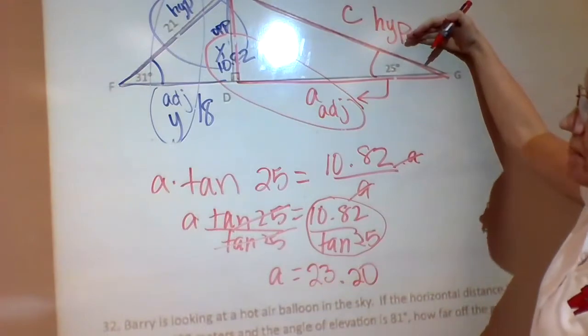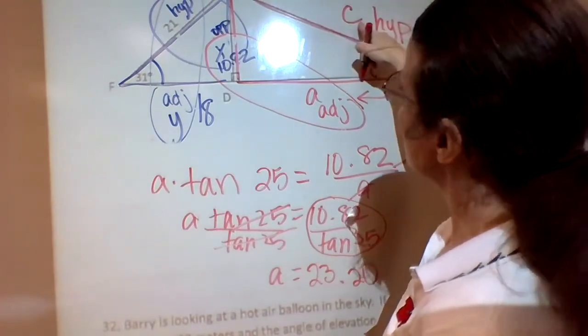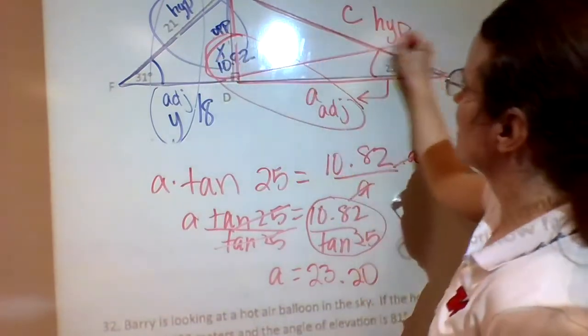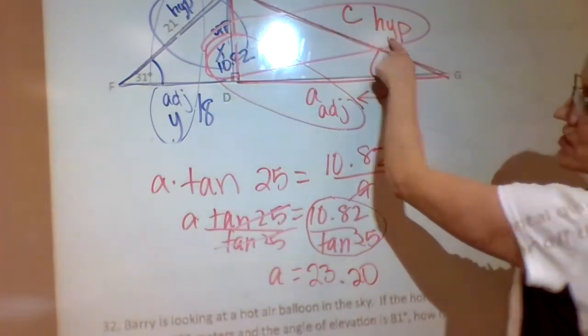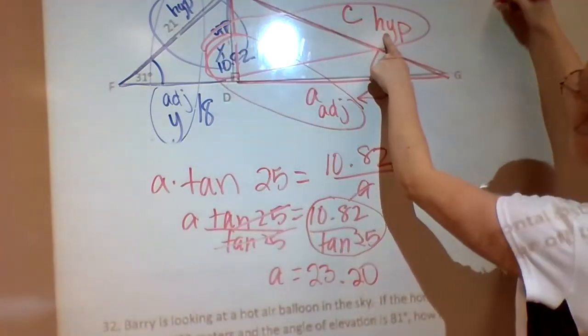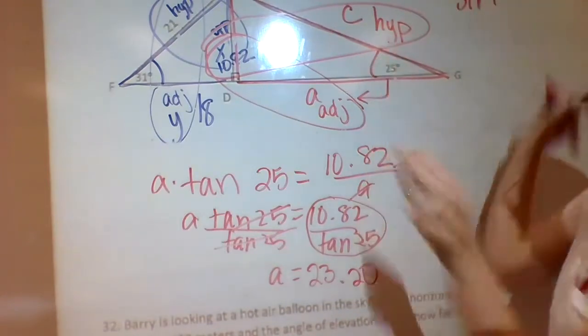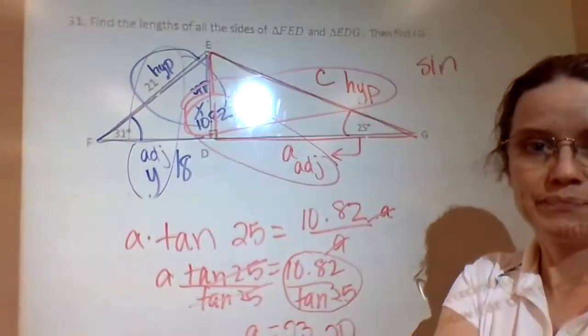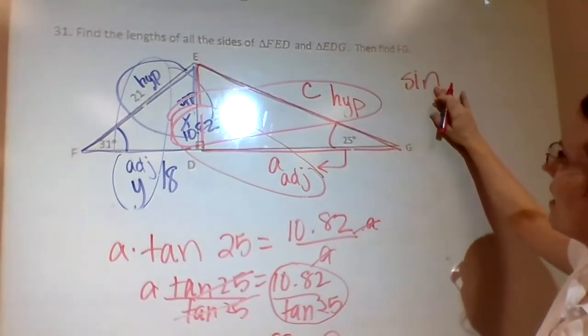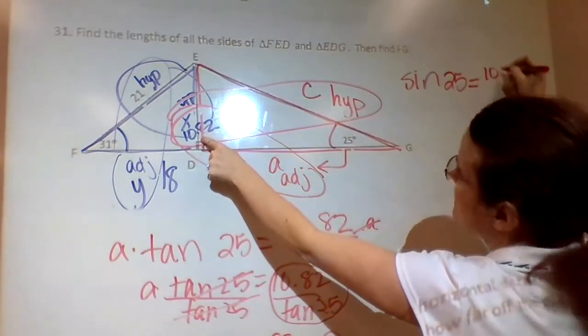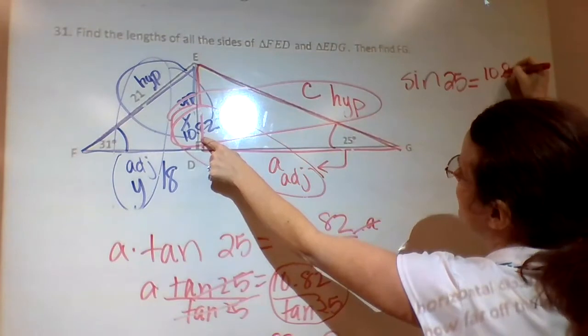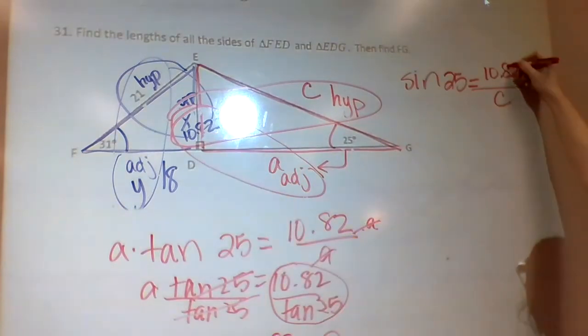Now to find my hypotenuse, again, I will pair the thing I don't know with a thing that I do know. And so I'm pairing my opposite and hypotenuse. When I have opposite paired with hypotenuse, that tells me I'm using the sine of my number. So when I'm doing the sine of my 25-degree angle, I'm using my opposite over my hypotenuse.